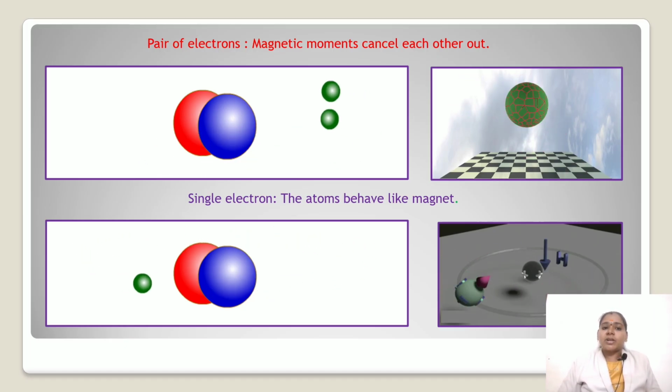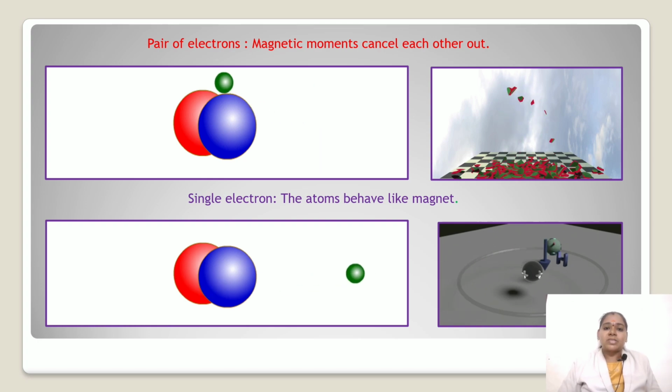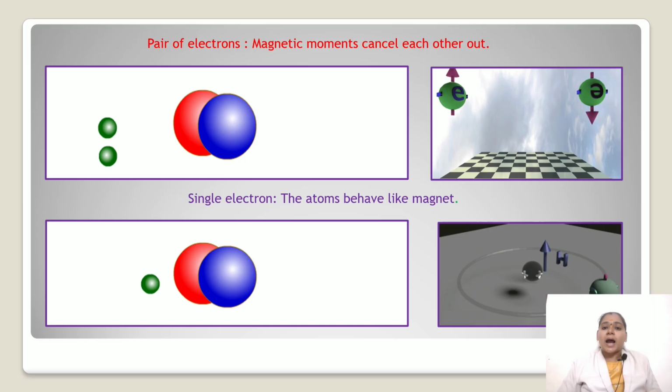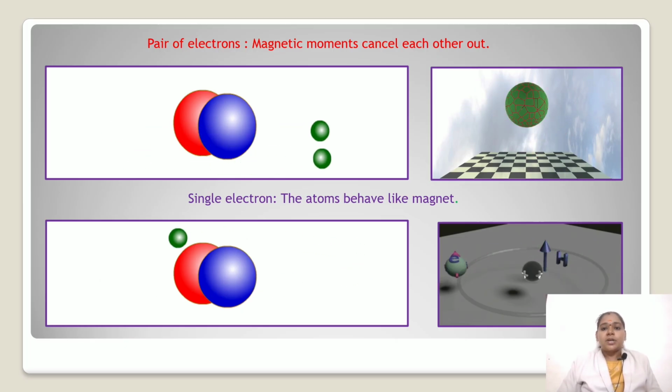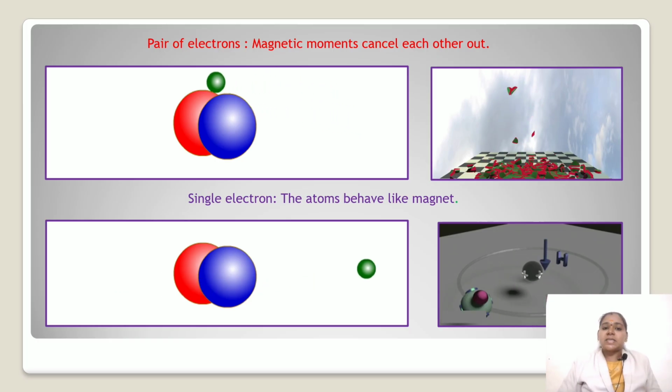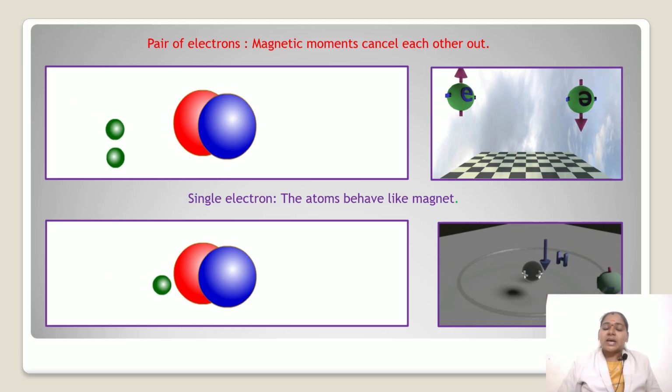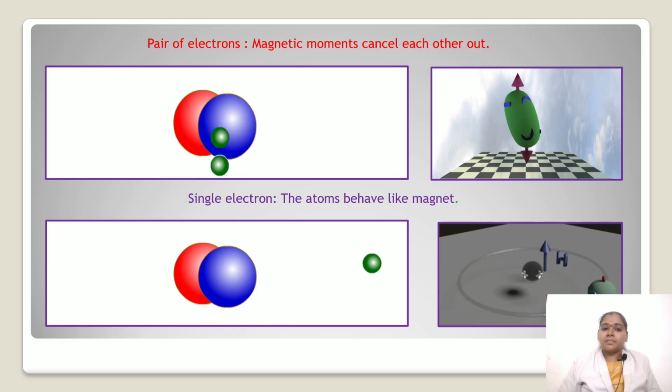If an electron shell has paired electrons, their magnetic moments cancel out. If a shell has unpaired electrons, the atom shows magnetic properties. The atomic orbital models show paired versus unpaired electrons, and magnetic moment vectors cancelling or adding.